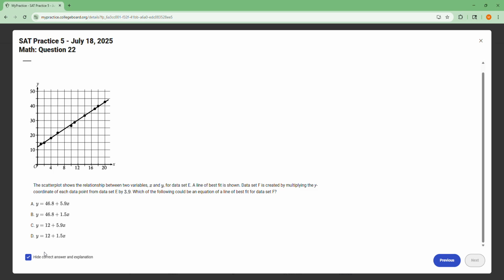I'd like to ask you some guiding questions. Here's the point 1, 1, and the point 2, 2. What's the slope between these points? Now I'm going to multiply all of the y coordinates by 2. Here's the point 1, 2, and the point 2, 4.